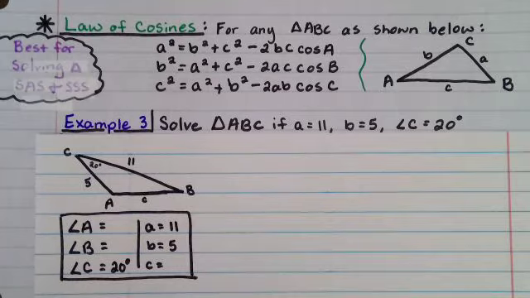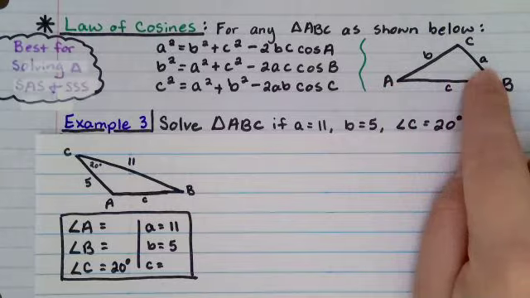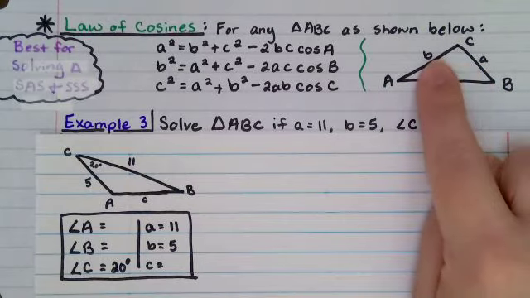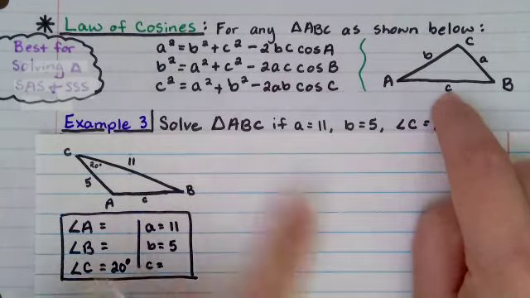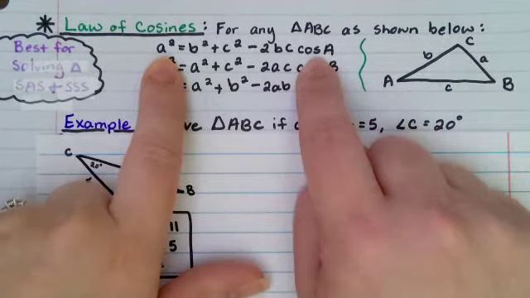All right, now the law of cosines. Let's kind of talk about how this is structured so that we can actually work a problem. So yes, the triangle, we already talked about the fact that the uppercase A is across from the lowercase a, uppercase B is across from the lowercase b, uppercase C across from lowercase c. So that's kind of that structure. When you set up your law of cosines, I want you to see the patterns here.